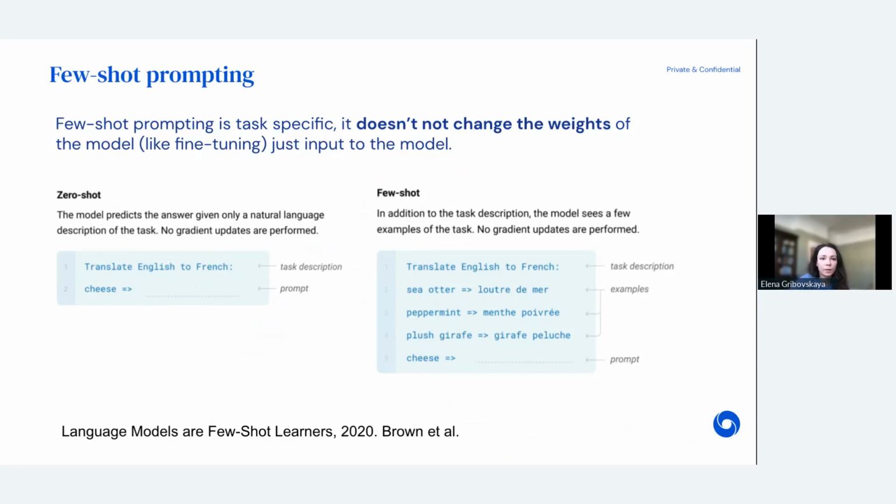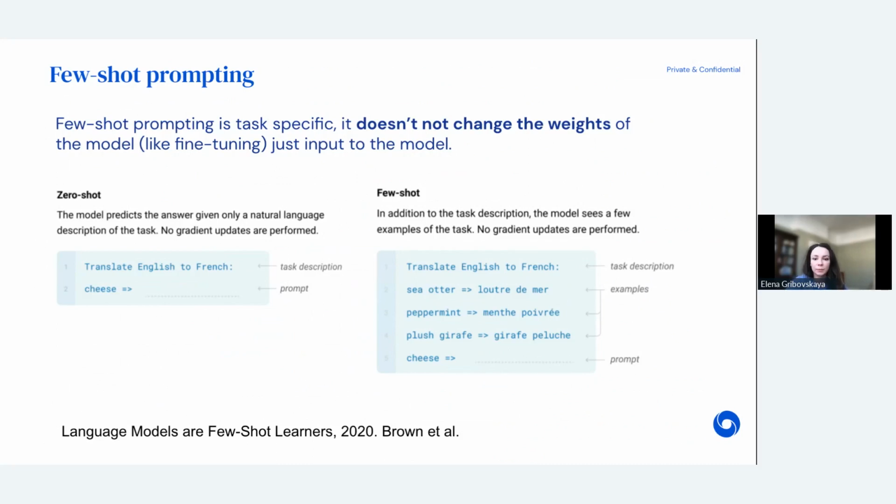For instance, in zero-shot prompting, we can give a text-based instruction to the model, translate English to French, and then ask it to translate the word cheese. And in few-shot prompting, we first demonstrate what it means to translate by providing a couple of examples and then prompting the model to translate cheese.